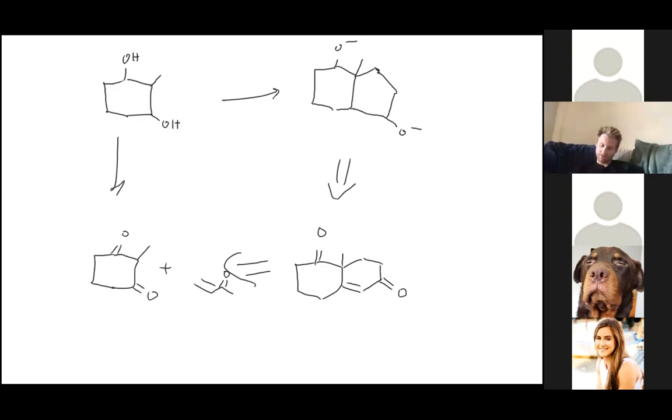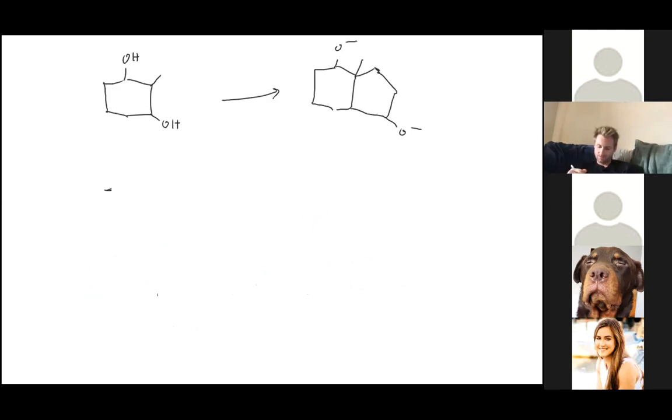We need to get here, do this reaction, and then do some transformations to get to our final product. Getting to our first intermediate should be pretty straightforward. We just need to oxidize it. They'll both get us to the right product, so either PCC or chromic acid, because they're secondary, doesn't matter.